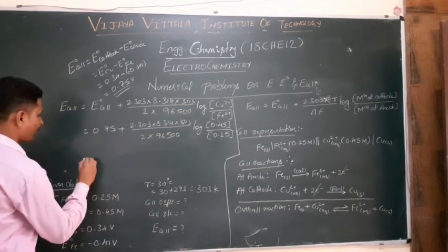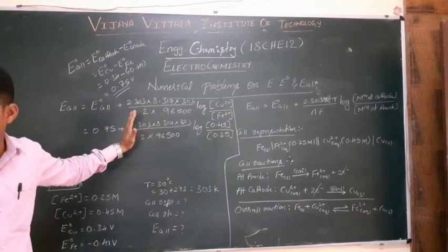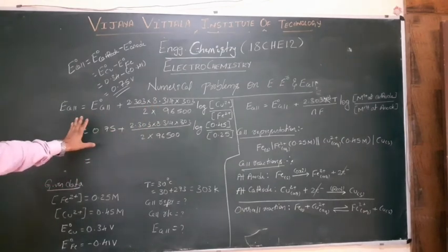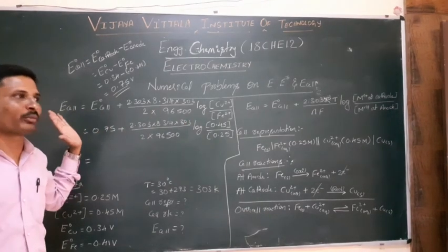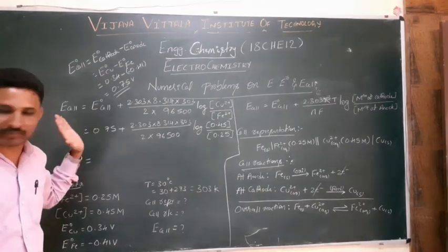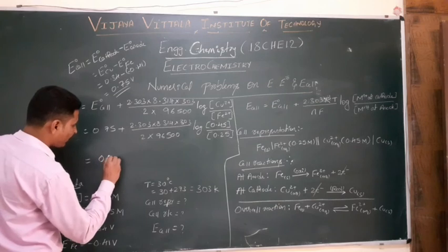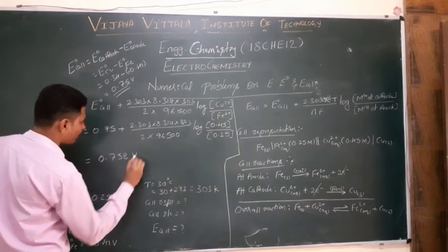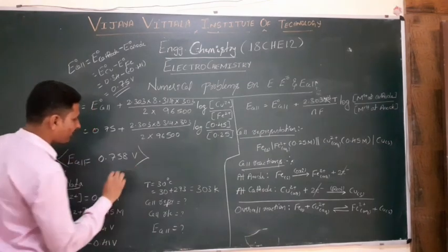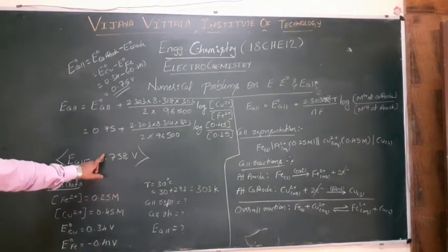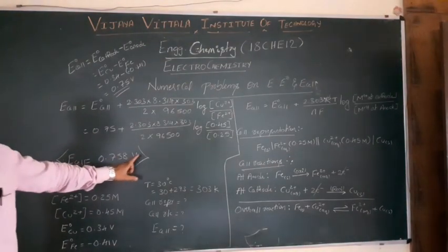When you calculate this in a scientific calculator, please use the scientific calculator, and calculate the numerical in a single line to save time in the examination, you will get 0.758 volt. We need to represent the voltage in terms of volt. So the cell potential is 0.758 volt.